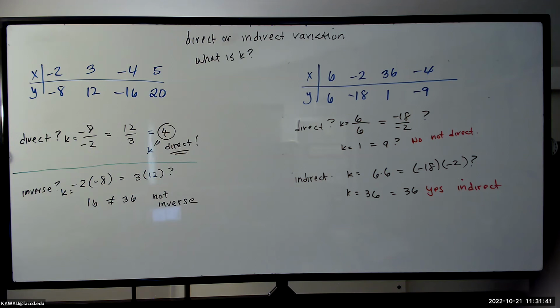This would also be an inverse variation. And our correlation covariance would be negative, let's say negative 0.5. I don't know what it is, but it'd be not 1, but negative something.